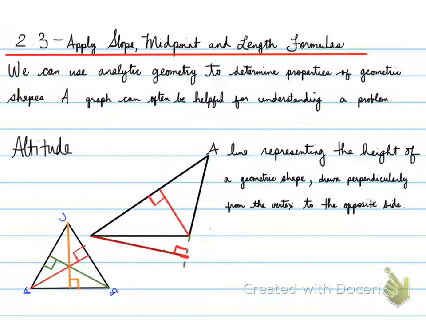And again, we want to draw that altitude by extending our base. Here we go, I'm going to extend it in blue. And I want to draw my altitude line coming from this vertex.